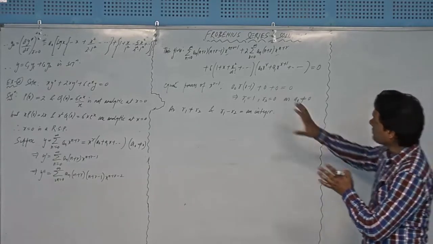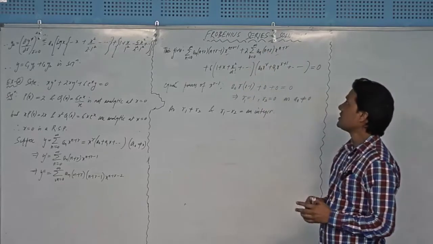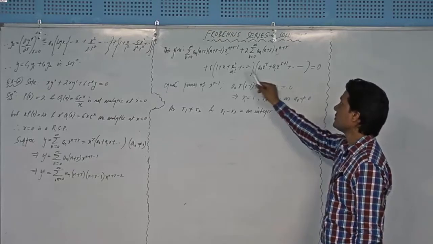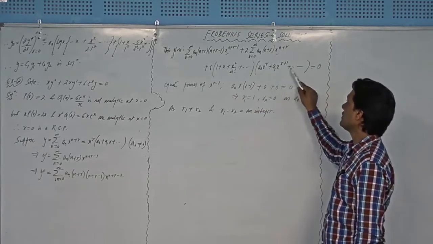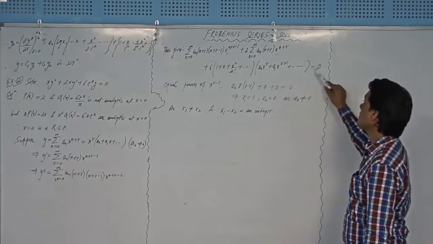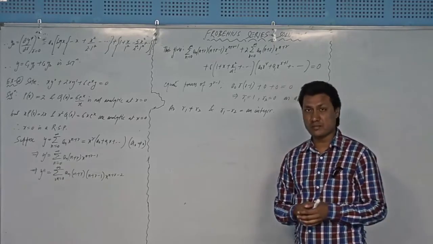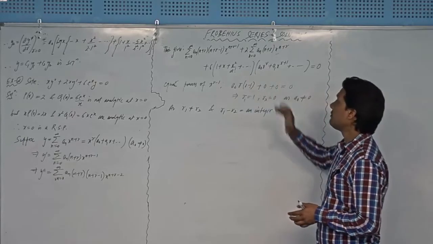If you see this equation, you can see that the highest visible power is x to the power n plus r, right? But actually it is an infinite series, and in order to obtain the coefficient of x to the power n plus r, you have to do several multiplications.